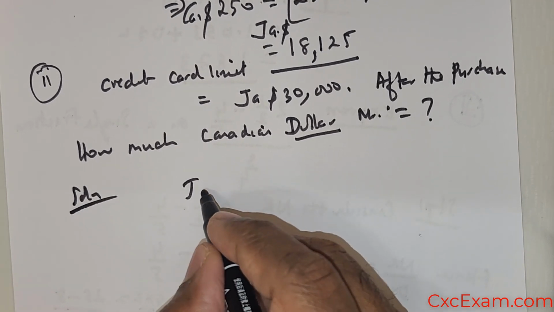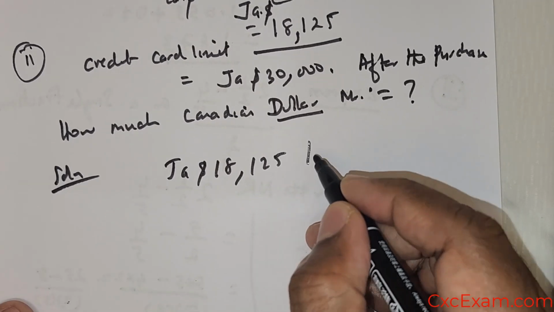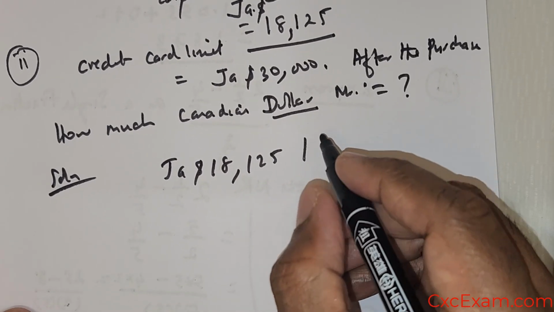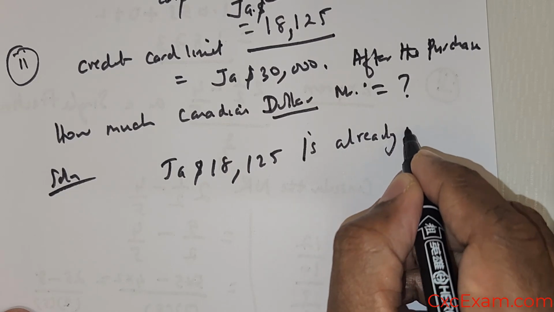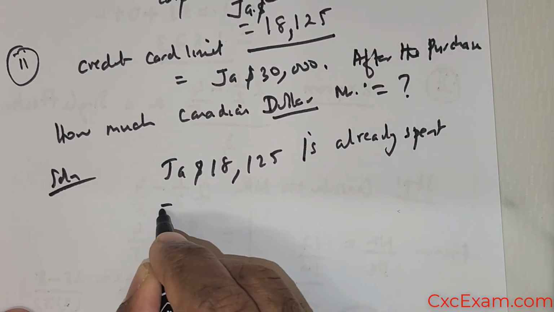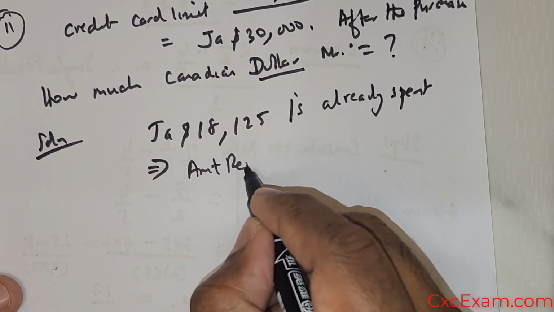So what is the solution? Jamaican 18,125 has already been spent. So this means the amount remaining in the card.